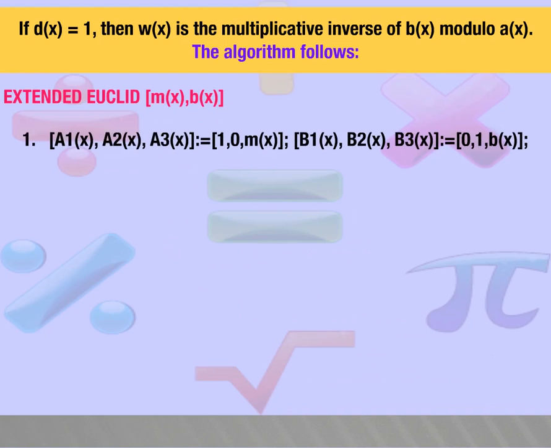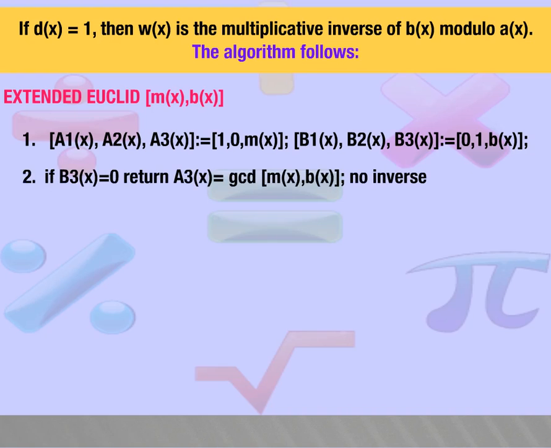(a1(x), a2(x), a3(x)) = (1, 0, m(x)). (b1(x), b2(x), b3(x)) = (0, 1, b(x)). If b3(x) is equal to 0, return a3(x) = GCD(m(x), b(x)); no inverse.